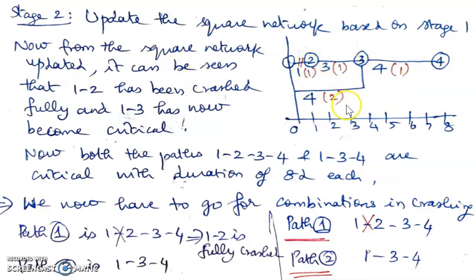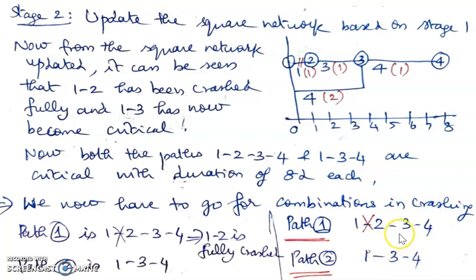Now we have basically two paths, and we can combine like this. Look at that. In this first path, we have 2, 3 and 3, 4 activity. And in the second path, we have 1, 3 and 3, 4. Of these two paths, 3, 4 is common, and 2, 3 and 1, 3 are separate activities.